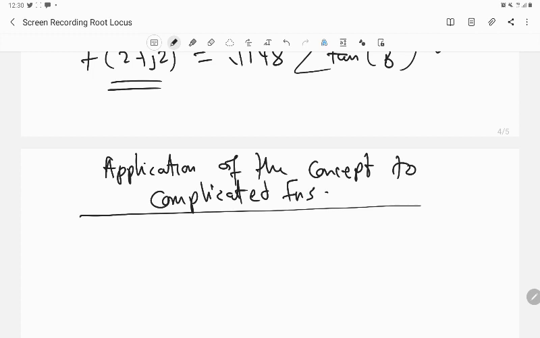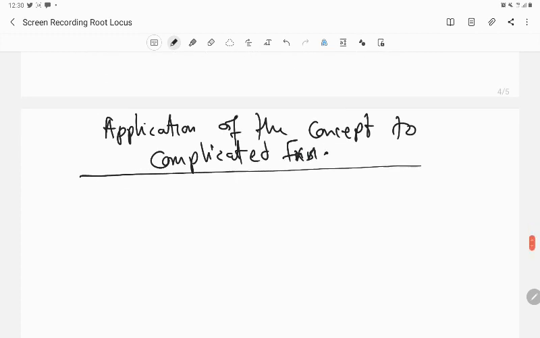So we are going to apply the concept to a complicated function.